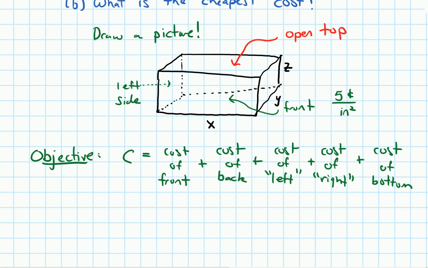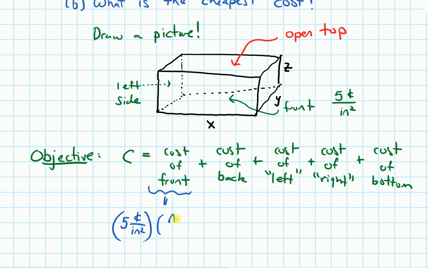So I'm going to do one of these costs slowly, and then we'll set up the rest of our cost function a bit more quickly once we have the idea. So for the front side, I know that it costs 5 cents per square inch. So I know I'm going to need to take that price, 5 cents per square inch, and multiply that by the area of the front.